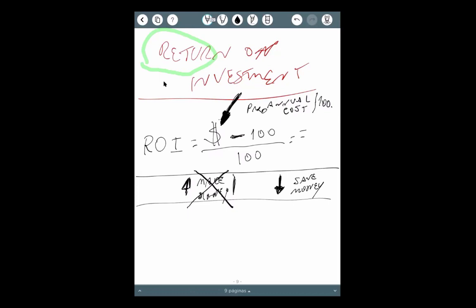So cost overruns, for example, they will diminish and so on. So our focus will be saving money. So the question is, how much money we will be able to save, right? This number, every year, this number is the number that we will use here, okay? And now I'm gonna show you how we will calculate this number.